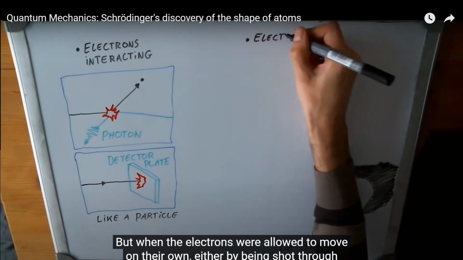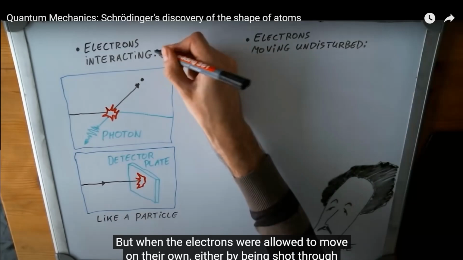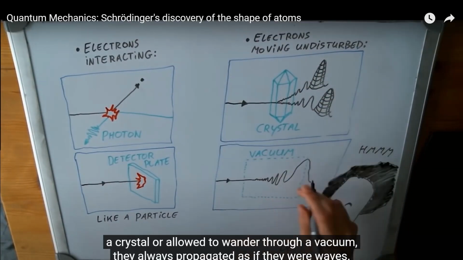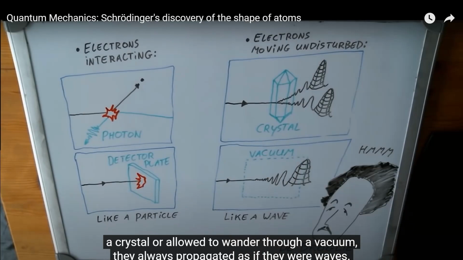But when the electrons were allowed to move on their own, either by being shot through a crystal or allowed to wander through a vacuum, they always propagated as if they were waves. So if you don't have it hit a detector, if you don't have it hit something, if it just moves through something like a crystal or a vacuum, it doesn't behave like a little ball of matter.